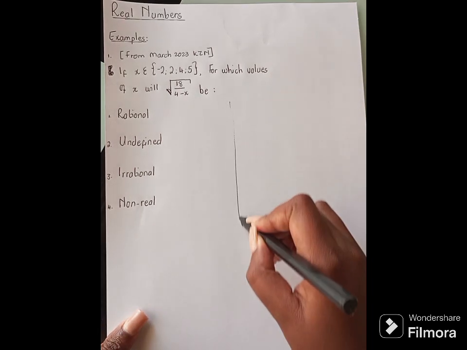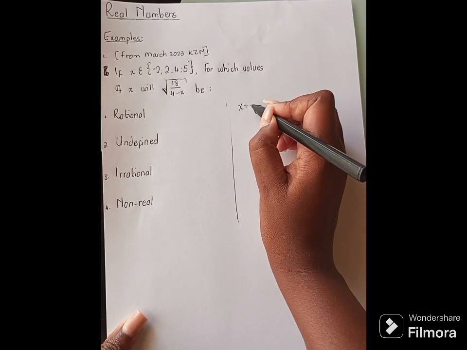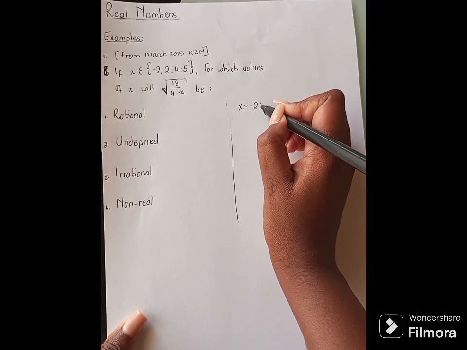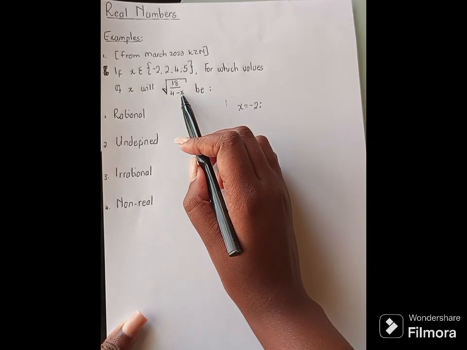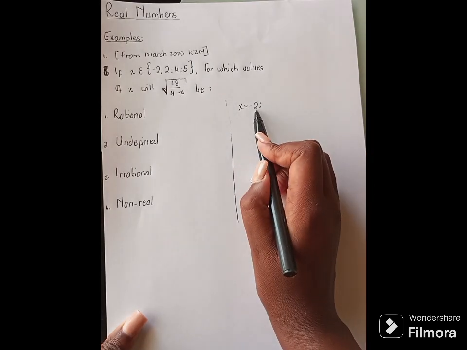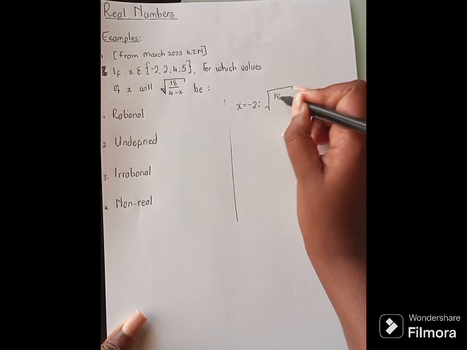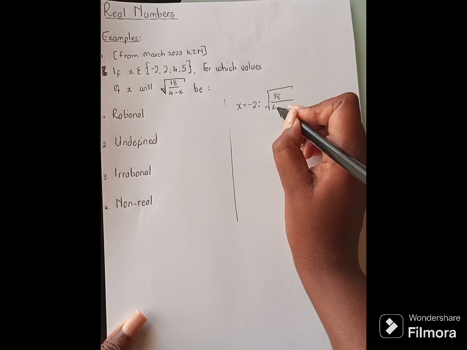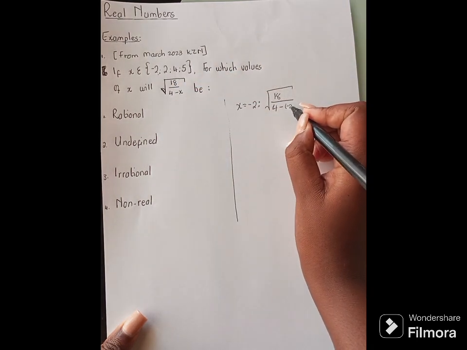Let's say when x is equal to -2. So what we're going to do is, where we see x, we're going to substitute -2. Okay, so we're going to say the square root of 18 over 4 minus -2.